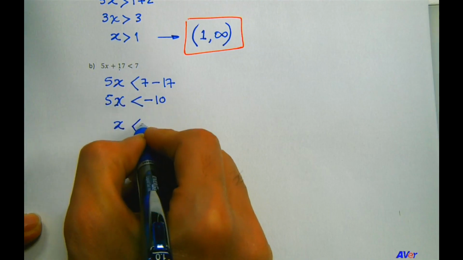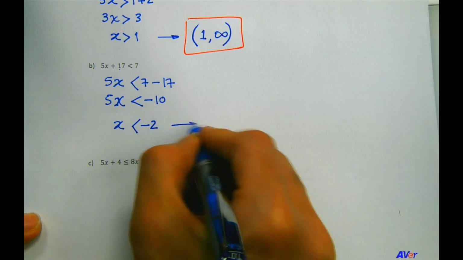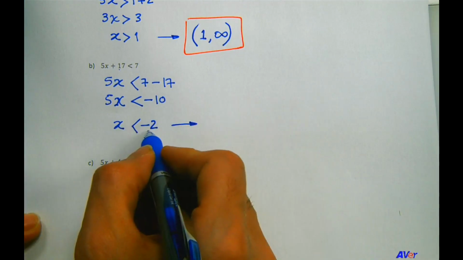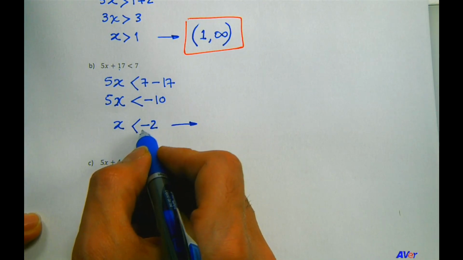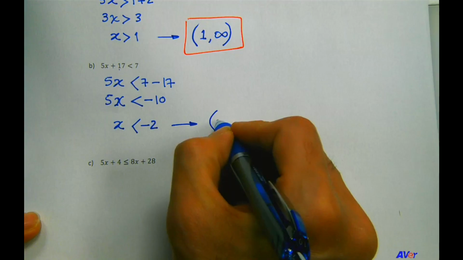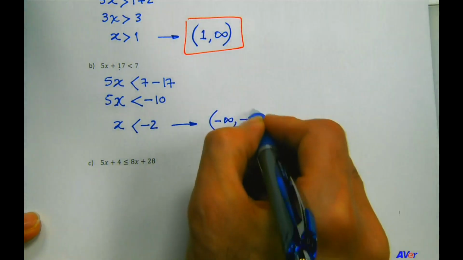So this would be minus 2. Okay, so to put this in interval notation, this is saying anything less than negative 2 is part of the solution. Anything less than negative 2 goes all the way to negative infinity, right? So we start with parenthesis, negative infinity, comma, negative 2, another parenthesis.